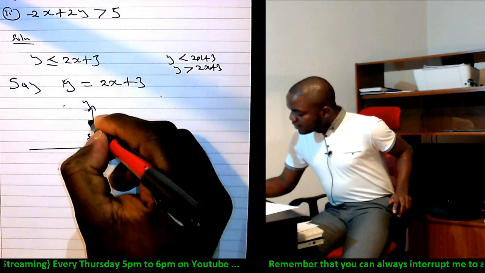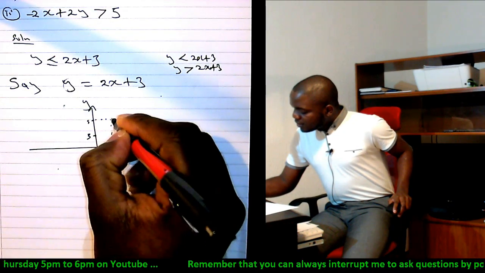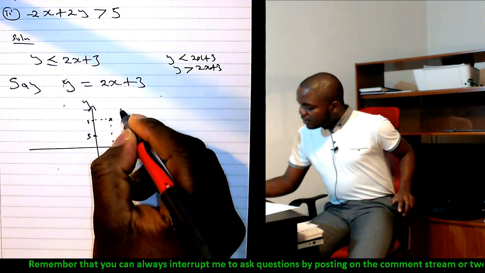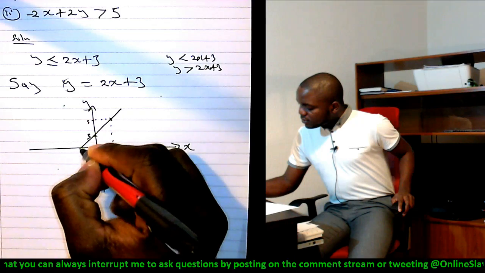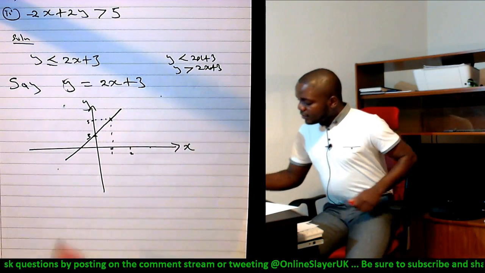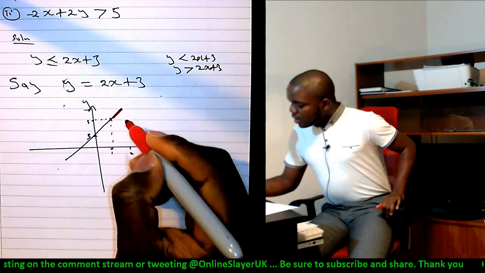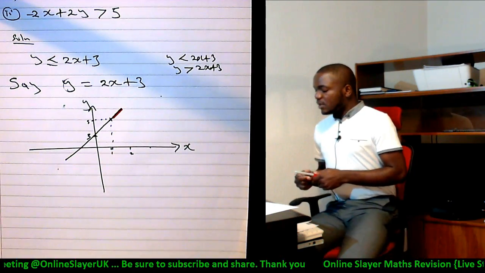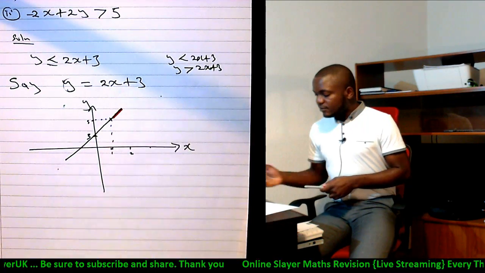So this is another point on the line. And once you know 2 points, use a ruler to plot a straight line. So that is the line y equals 2x plus 3.